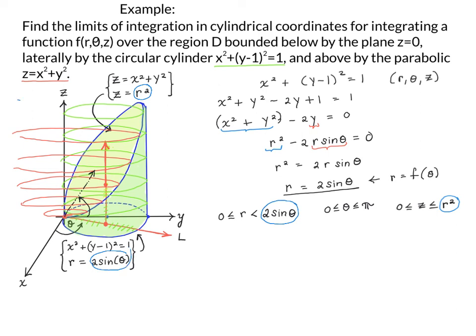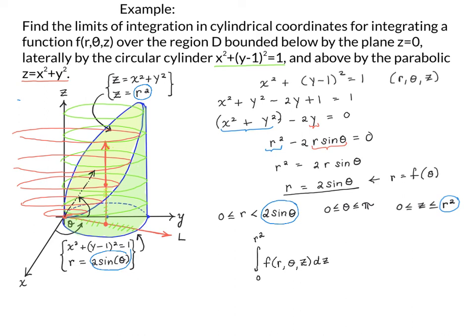So now let's write, how would we write our integral? This is a triple integral. And so if we have some function f of r, theta, and z, this is our integrand, we're going to integrate this with respect to z, where z is going to go from 0 to r squared.